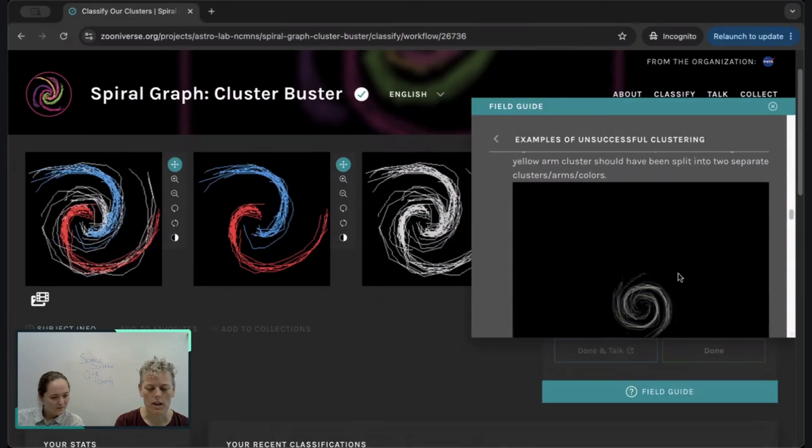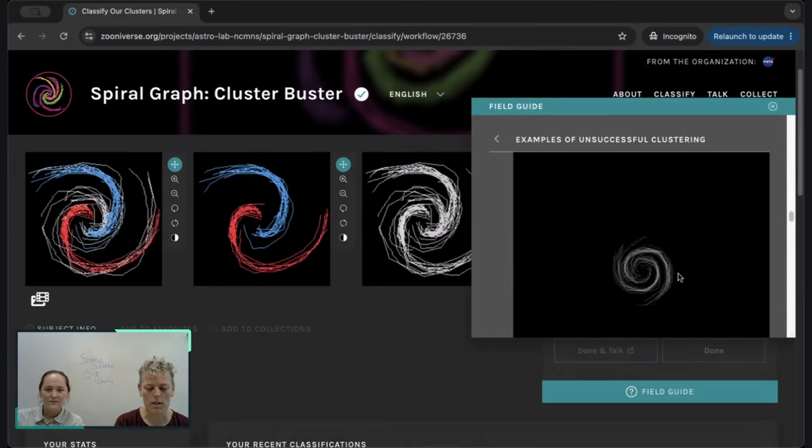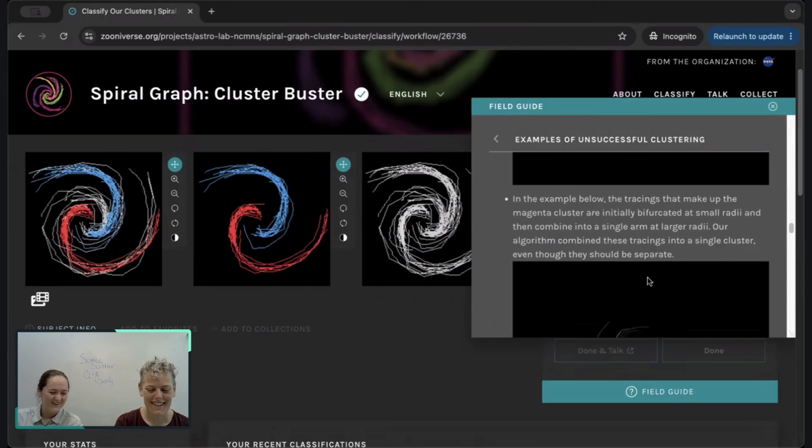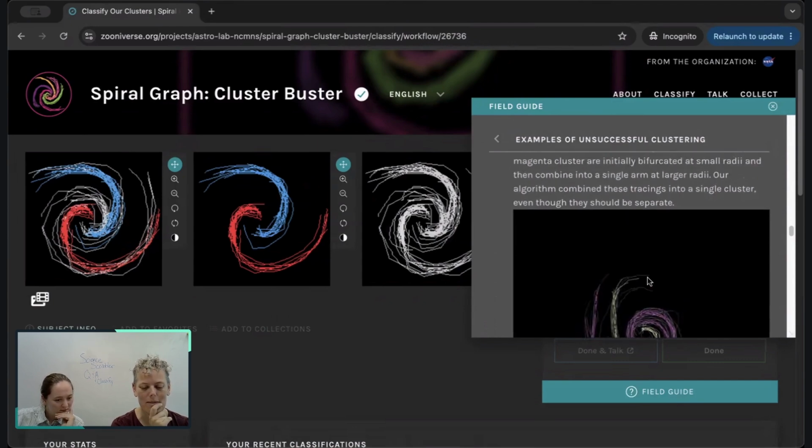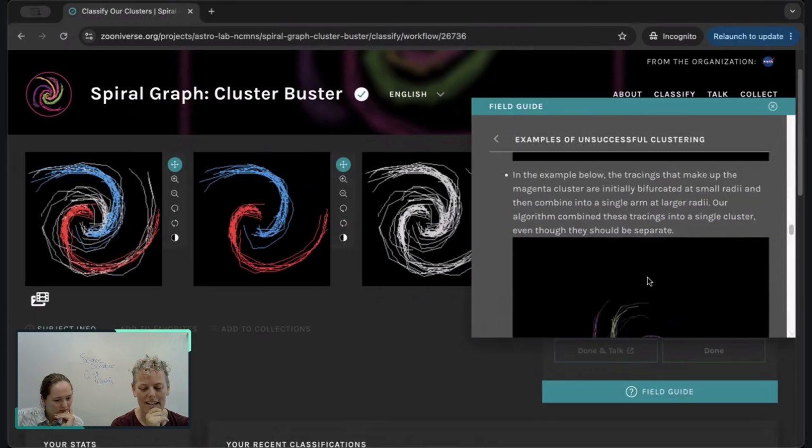The single yellow arm cluster should have been split into two separate. So it just had all of them in one. Okay, fine. It did its best. The arms that make up the magenta cluster are initially bifurcated at small radii and then combine into a single arm at larger radii. Ooh, okay.